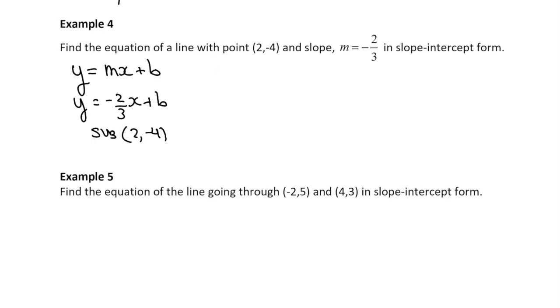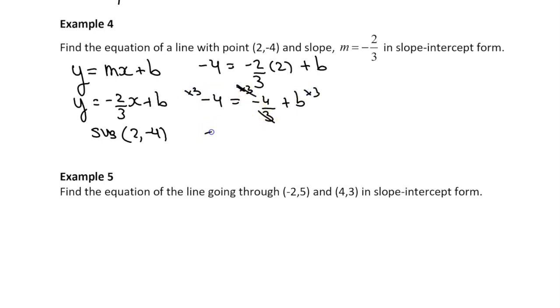So if I put in -4 equals -2/3, our x value is 2, plus our b, you could say -4 equals -4/3 plus b. You could times everything by 3. -12 would equal -4 plus 3b.